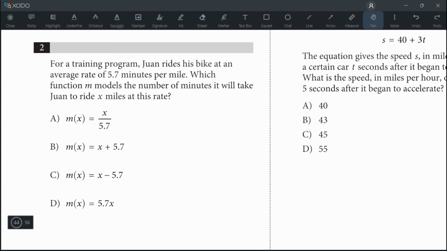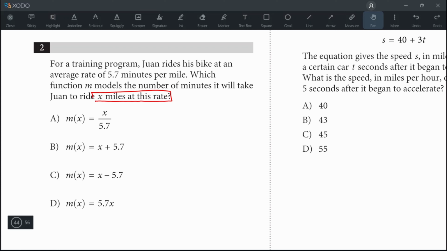Second question. For a training program, Juan rides his bike at an average rate of 5.7 minutes per mile. Which function models the number of minutes it will take Juan to ride X miles at this rate? So here you are given the slope of the function, which is the rate at which Juan rides the bike in minutes per mile.